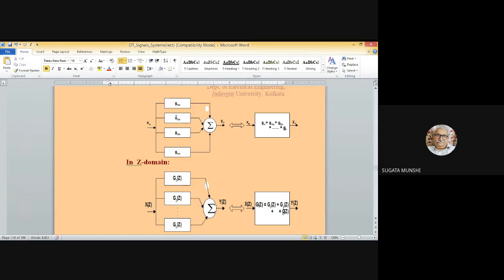This is G1n, G2n, G3n, in this way GLn. So the combination has an impulse response which is the sum of the individual impulse responses.